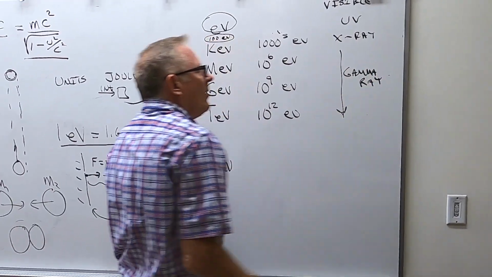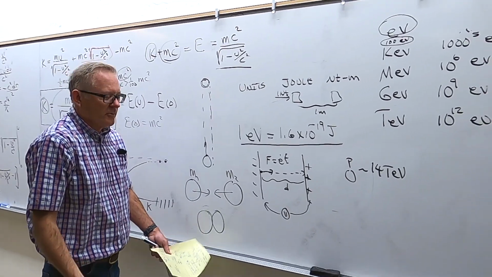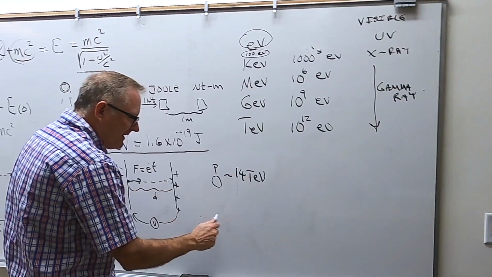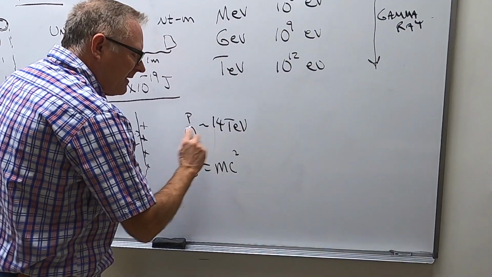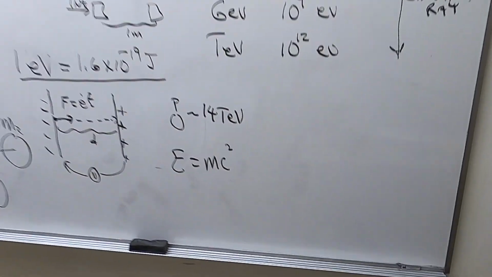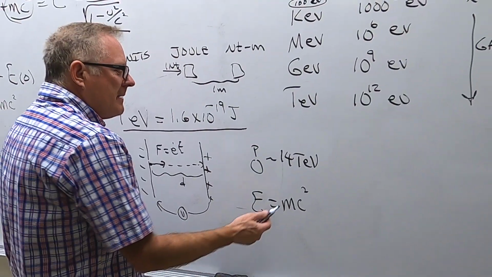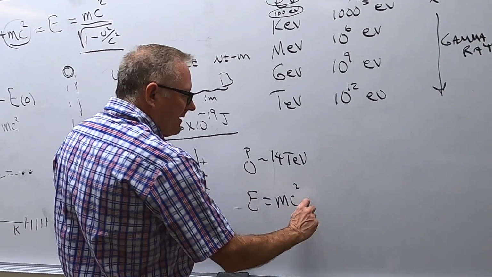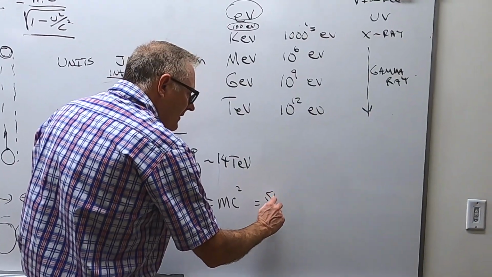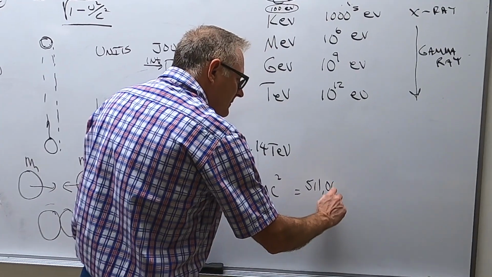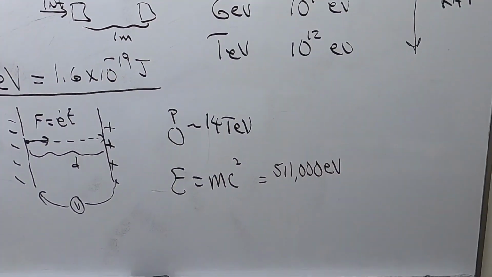Now, a particle like an electron, if he's just at rest, has an energy E, which is mc squared. He doesn't have any kinetic energy, so the only thing left is that. His mass, this energy, comes out to be about 511,000 eV. That's how much his mc squared is.